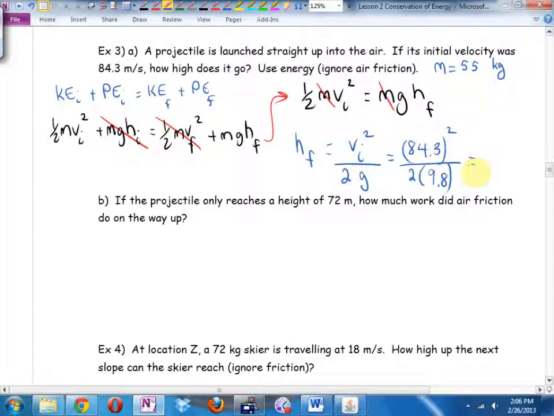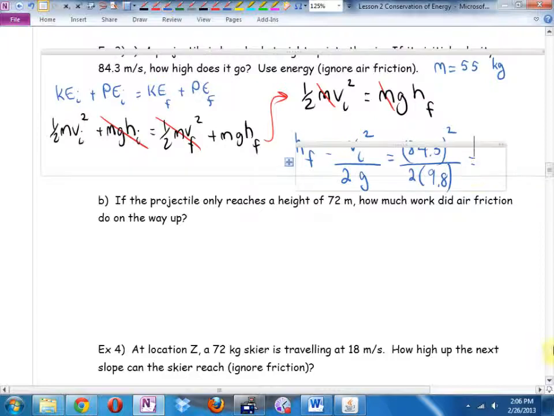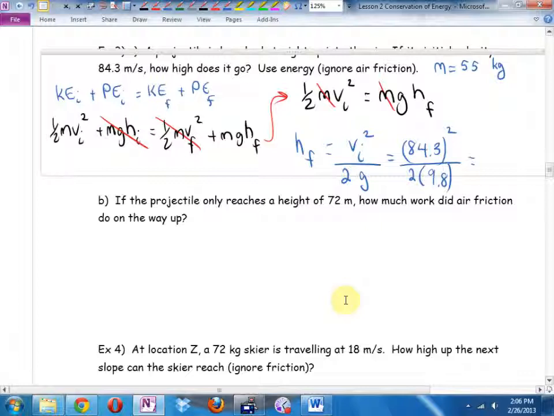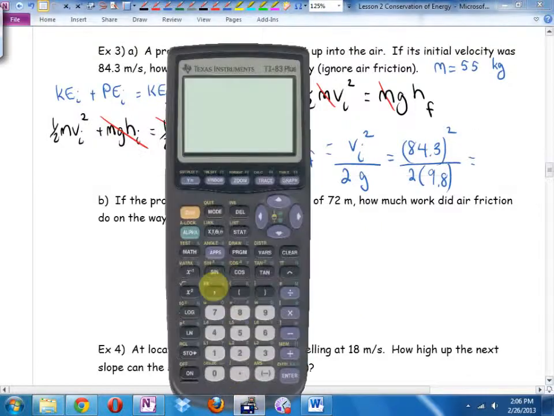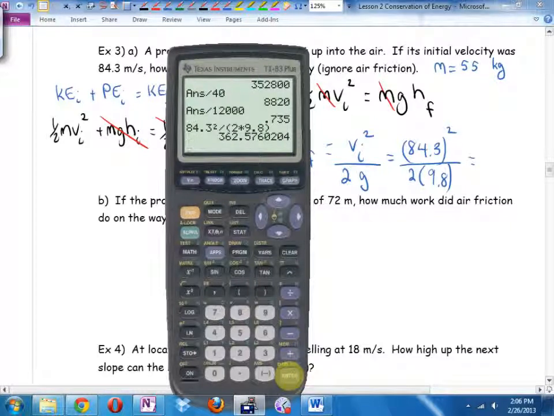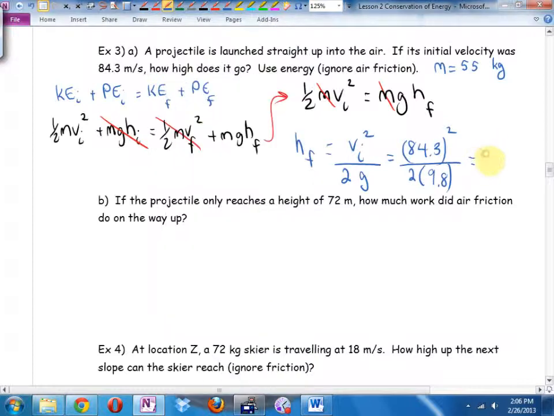If we ignore air resistance, how high will this get? Ooh, that's a good height. Let me see. It sounds about right. Yeah. 362.576. So yeah, 363 meters sounds good to me.